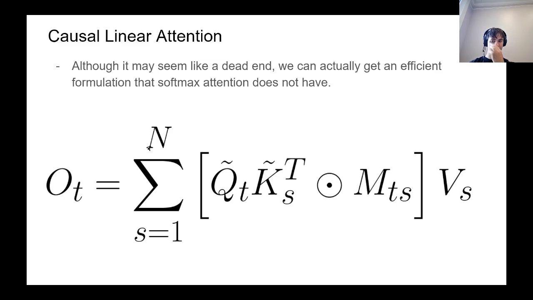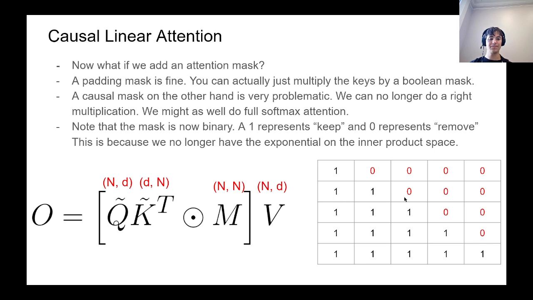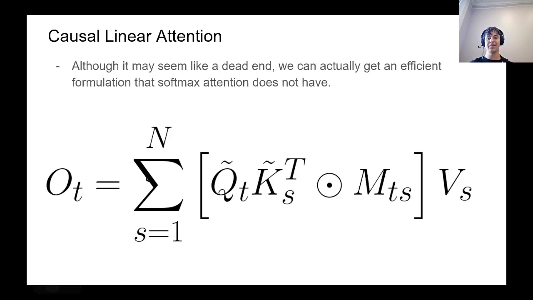Basically, this is representing the output at time t, and I'm going to break this down step by step. This is just representing one of the rows here. So the output at time t is equal to the sum from 1 to n of the inner product of our query at time t multiplied by the key at time s, multiplied by m at time t, s, multiplied by the values.